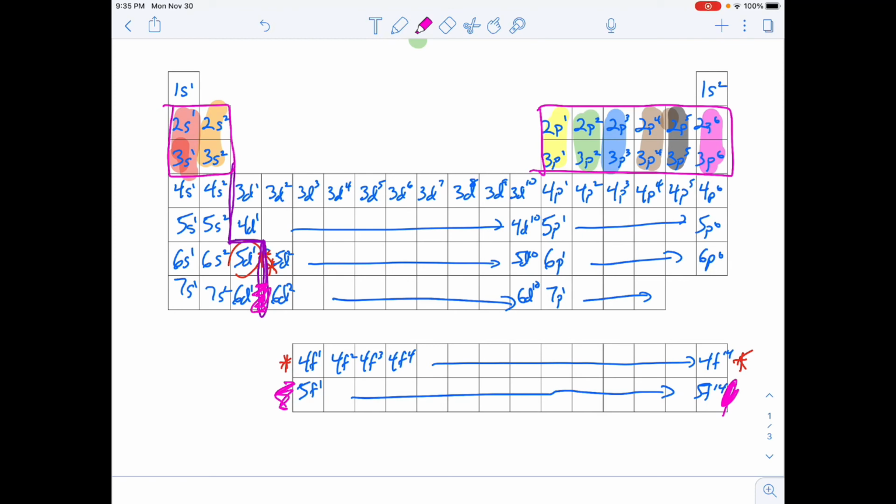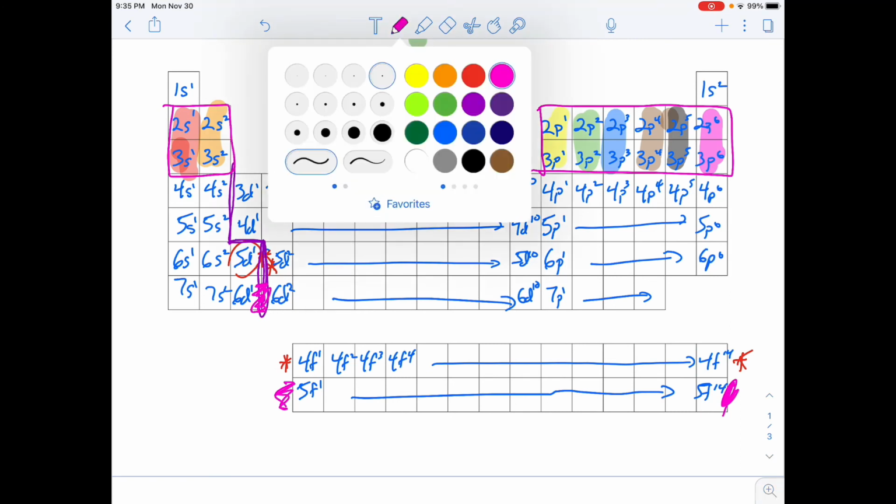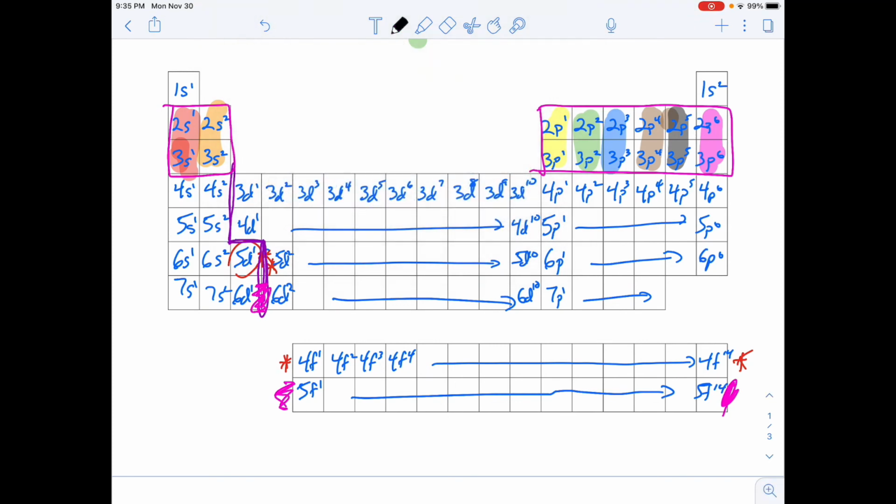So all of this is important because, one, again, elements in the same column have similar behaviors. Secondly, and I'm going to erase a lot of this because it's really messy, it's also important because each row, as I stated before, really shows you the energy level being started.